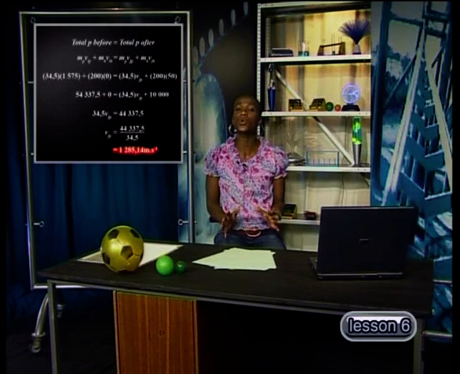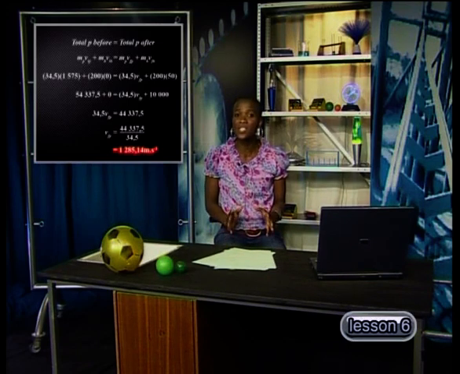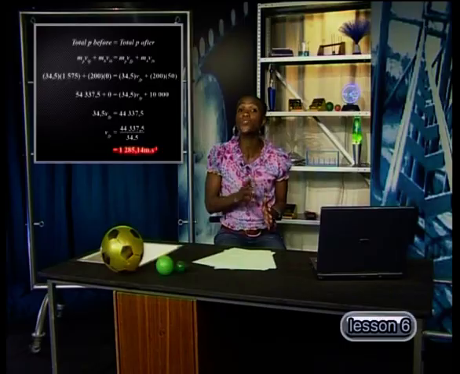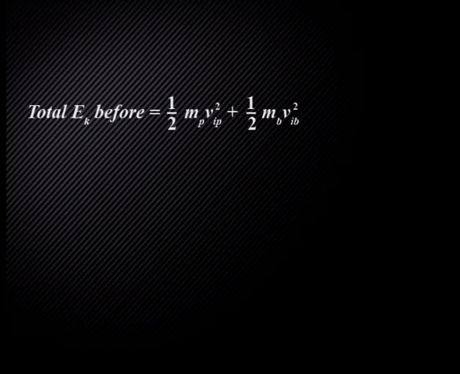We'll begin with the total kinetic energy of the system before the projectile went through the box. The total kinetic energy before the projectile went through the box is equal to half times the mass of the projectile times the initial velocity of the projectile squared plus half times the mass of the box times its initial velocity squared.